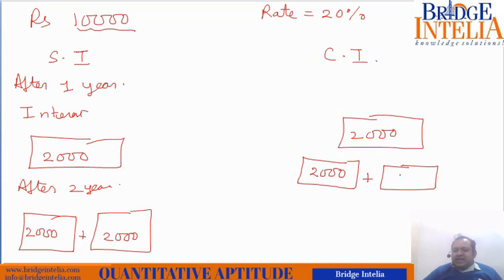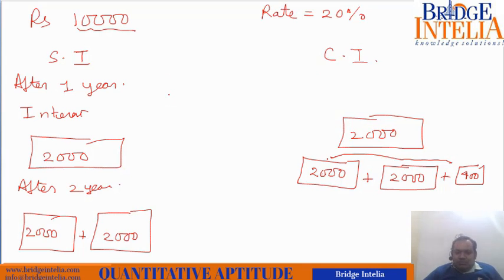This year the bank is definitely going to give you 2,000. But last year's money is also earning interest. So last year already 2,000 had come in your account. Now 20% of 2,000 is equal to 400.